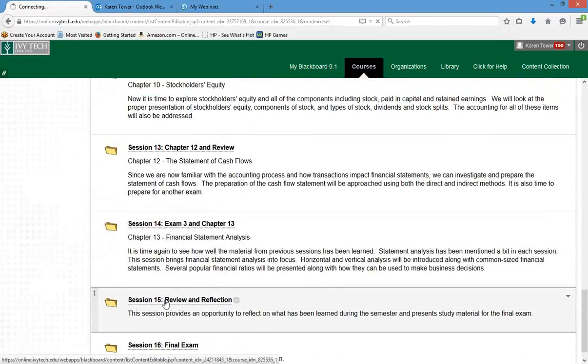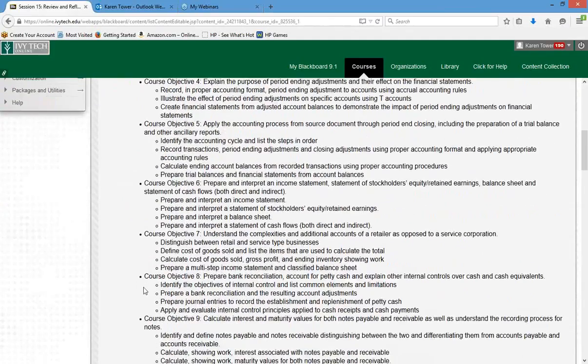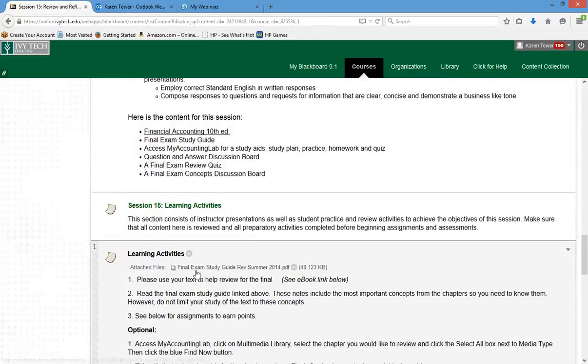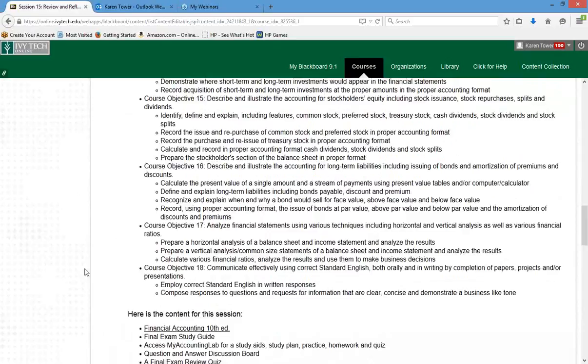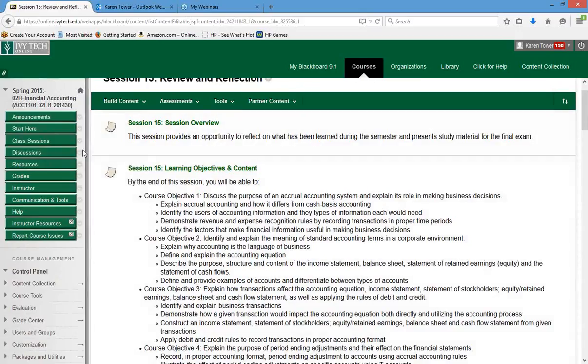If you go to session 15, you will see that there is a final exam study guide that will give you very guided study material. The final exam is proctored in this class, so you will need to study and then set up a proctor. If you don't have a proctor site set up yet, you'll want to get that done, ready to take your final exam. You may want to look at that as we move forward.